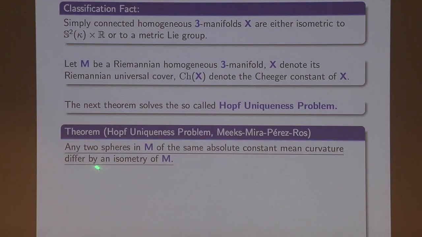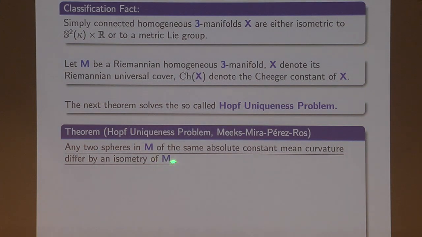So the first theorem says, if you have two spheres in your homogeneous space, and they have the same mean curvature, then they're congruent. There's an isometry of the space that takes one to the other. Okay? So that's a very nice generalization of some previous results, and a complete characterization of how many you have.